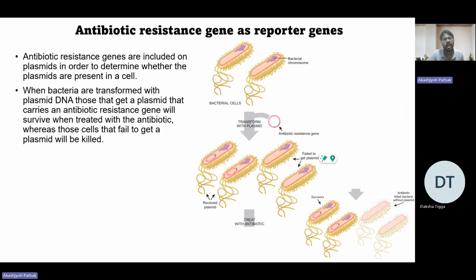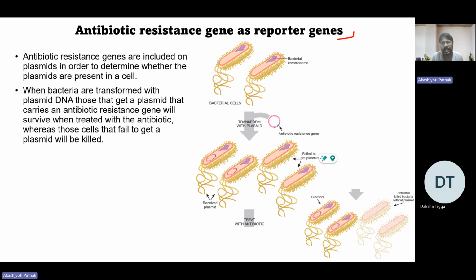Now, antibiotic resistant genes can also act as reporter genes. How can an antibiotic resistant gene act as a reporter gene? You see this figure: the bacterial cells which have been transformed with plasmid. If your plasmid has this antibiotic resistant gene, and your bacteria has taken up this plasmid, then what will happen when you treat it with antibiotic?